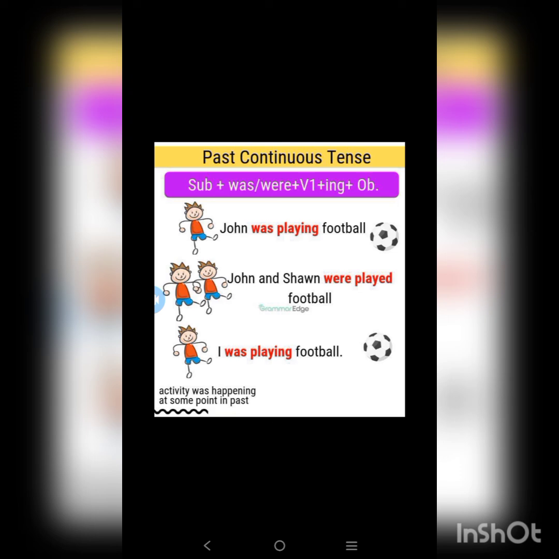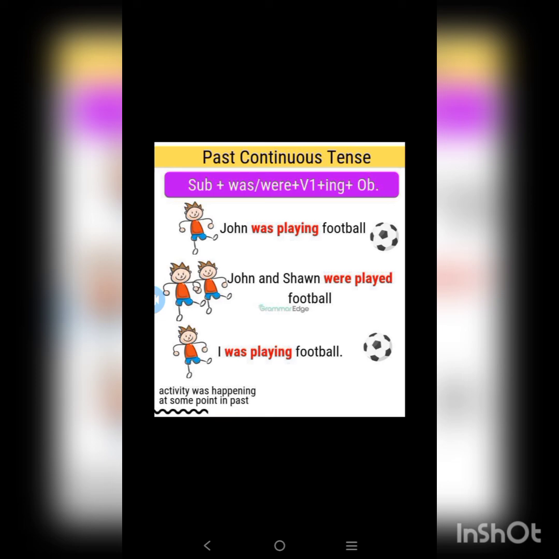John was playing football. John and Shan were, sorry, this example is somewhat wrong here. John and Shan were playing football, not played. So see here, along with the third person singular we will use was, and along with the third person plural we will use were.